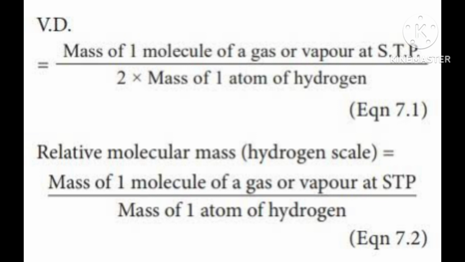Then 14 divided by 14 is 1, so the number of nitrogen atoms is 1. Suppose it was 28, then 28 divided by 14 is 2. Like that you will calculate the relative number of atoms. After that, all things are easy.